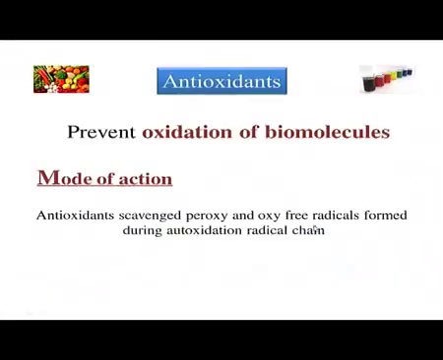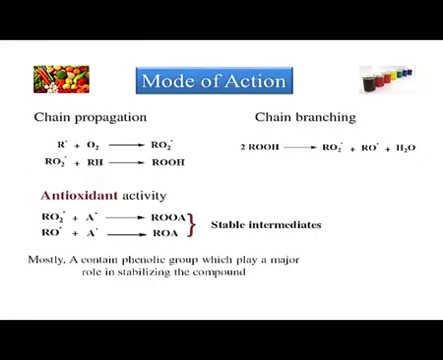So, now there comes this class of antioxidant molecules which are there to scavenge these free radicals formed within the body. Antioxidants act as scavengers, and they scavenge peroxy and oxy free radicals formed during auto-oxidation radical chains. I told you there are these auto-oxidation processes continuously taking place within the body even as you breathe.